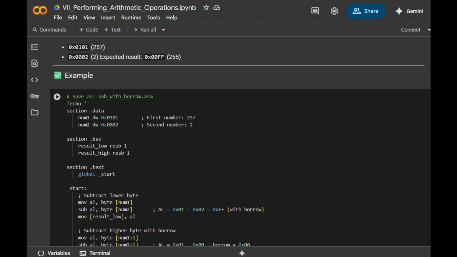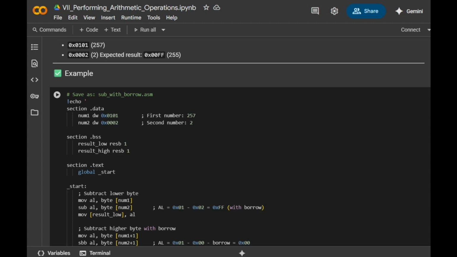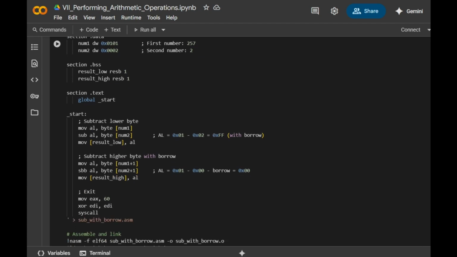In the code, we first use SUB on the lower bytes. 01 minus 02 requires a borrow, so the result is FF, and the carry flag is set to 1. Then we use SBB on the higher bytes. This will compute 01 minus 00 minus the borrow of 1, which results in 00. The final result is hex 00FF, which is correct.